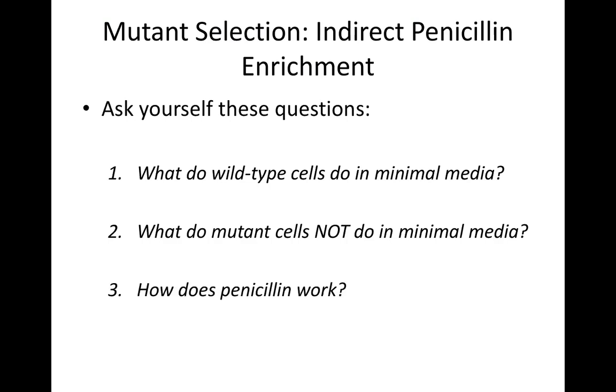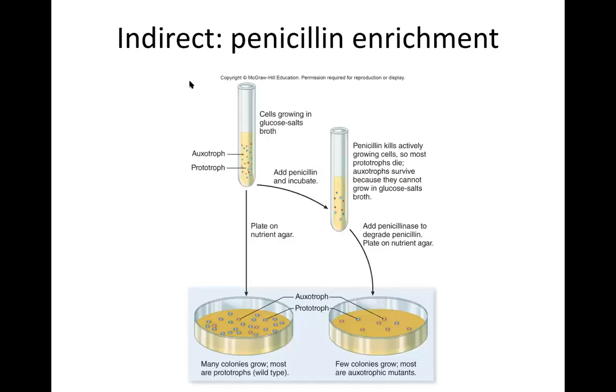So what you can do is take penicillin and add it to your minimal media broth, and it kills those cells that are dividing. That means when you culture this broth on a plate, you're going to have more of your mutants growing than your wild type.